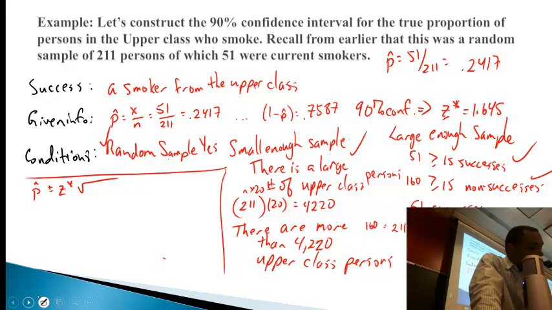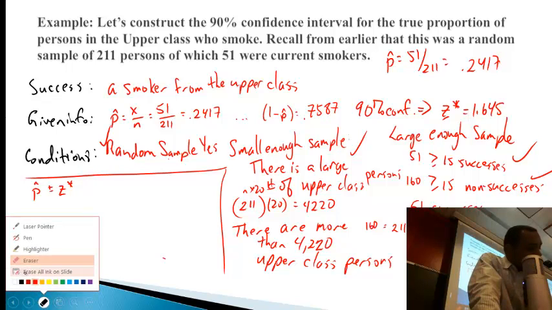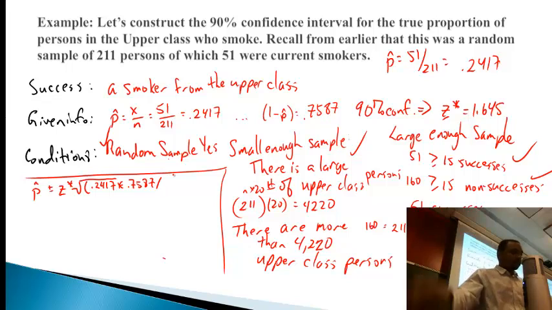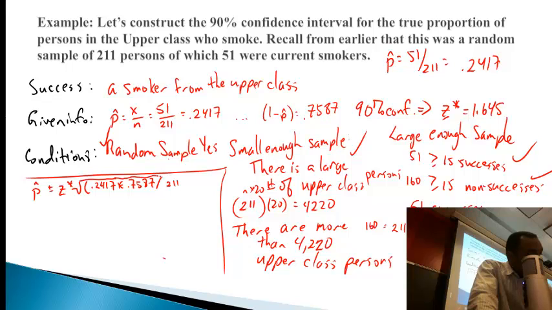Radical, open parentheses, 0.2417 multiply 0.7587 divide 211. And if you want to do a closed parentheses, you can.